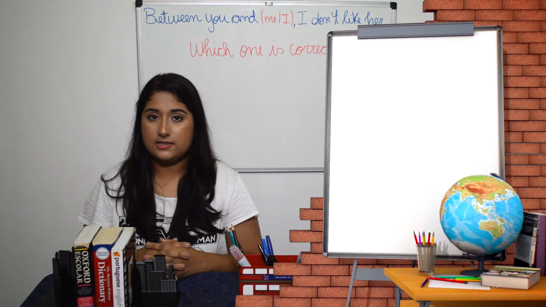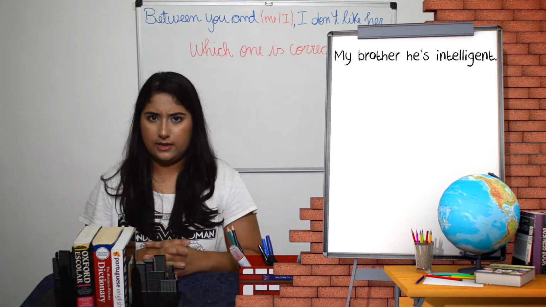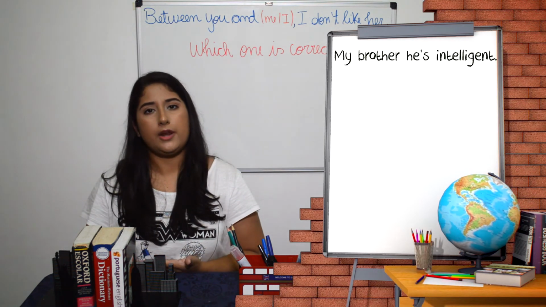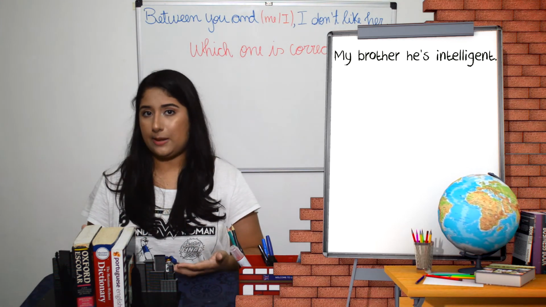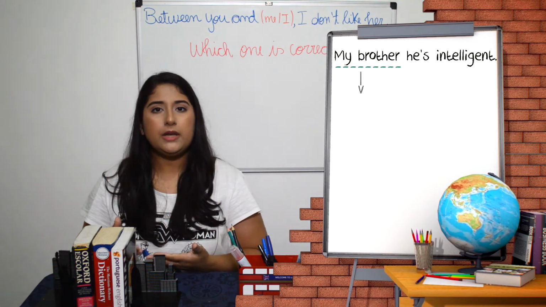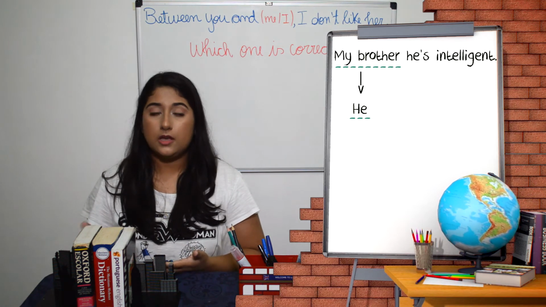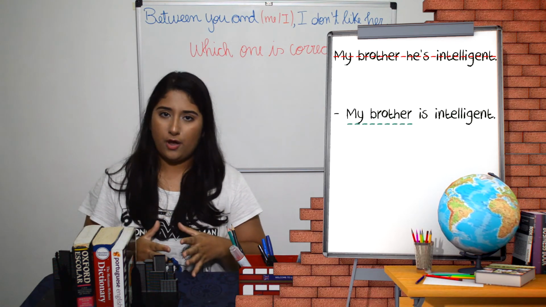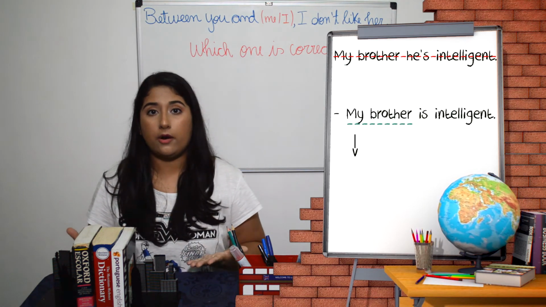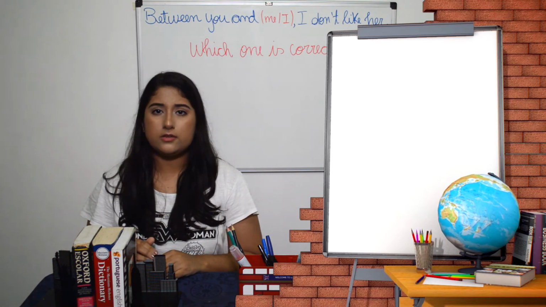If you say that, it's like you're saying, my brother, he's intelligent. He is also a pronoun, so we substitute something. In that example, my brother would be replaced by he. In other words, you either say, my brother is intelligent or he is intelligent, but you can't say both together, okay?